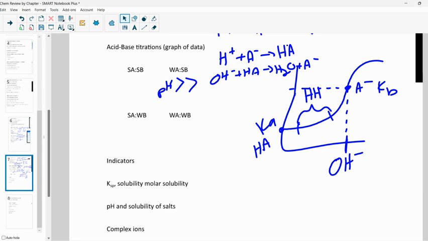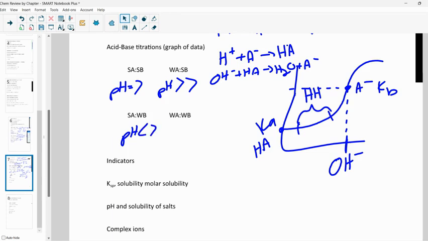Because some of my A minus is going to react with water to form HA and hydroxide. Since I form some hydroxide, a Kb problem, I end up in the basic range. Strong acid, strong base, pH equal to 7.